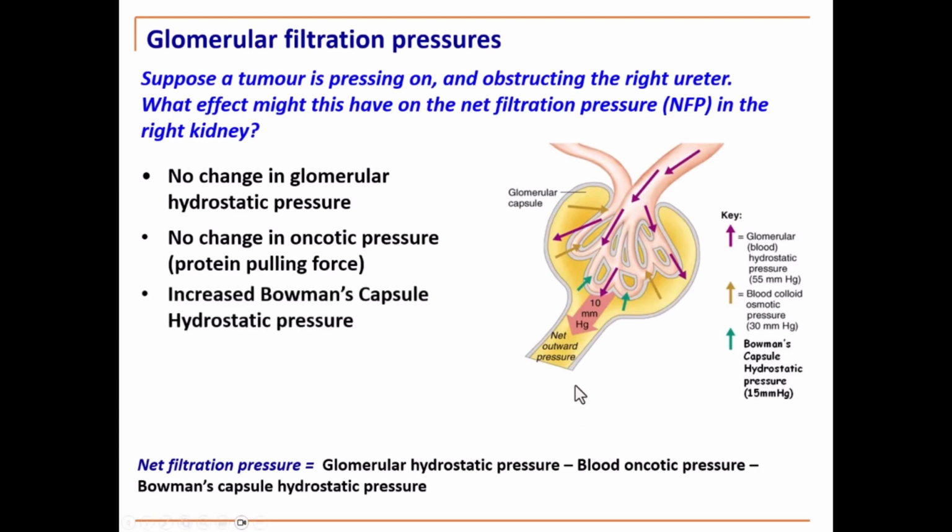But what we are doing is we've got a blockage down here, or squeezing on the ureter, meaning less fluid or urine can pass through the ureter, which means there's a backflow of fluid upwards through the tubules and up into the Bowman's capsule, meaning we have an increase in our Bowman's capsule hydrostatic pressure, which means because this pressure has increased, there is overall a decrease in the net filtration pressure, which means your glomerular filtration rate in the right kidney will reduce.